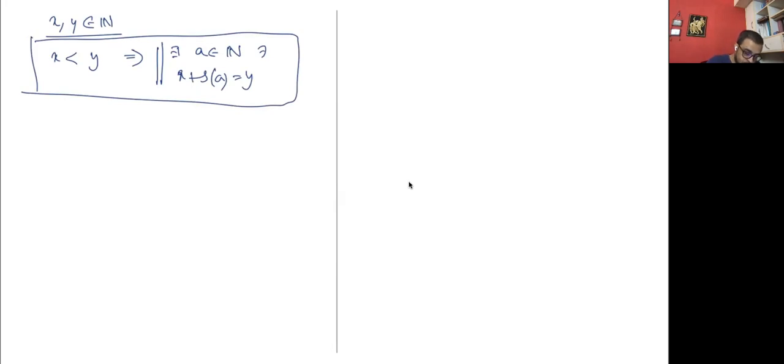So let's form a subset of N as follows. You collect together all those points of N for which this statement holds for every y.